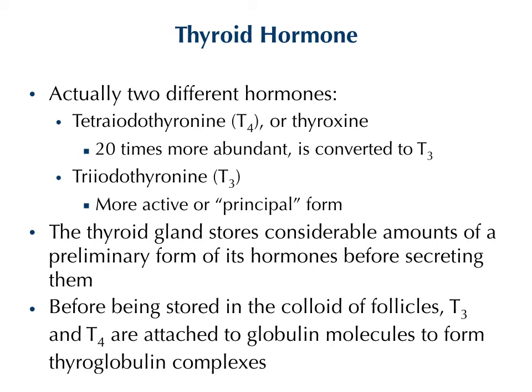And the bulk of the T3 is derived by deiodination of T4 in peripheral tissues, especially in the liver and kidney. Deiodination of T4 also will yield a reverse T3, which is a molecule that we don't know has any metabolic activity.